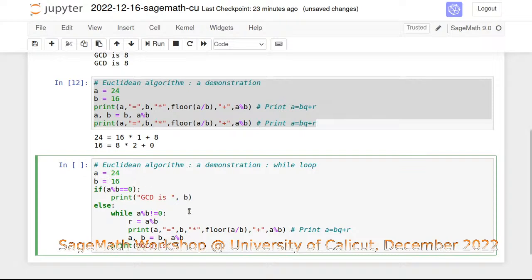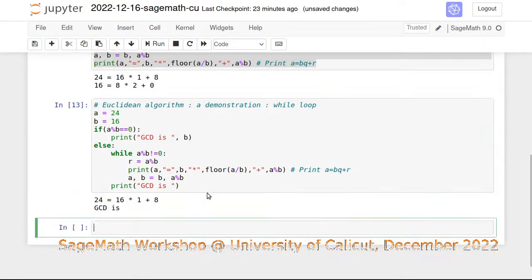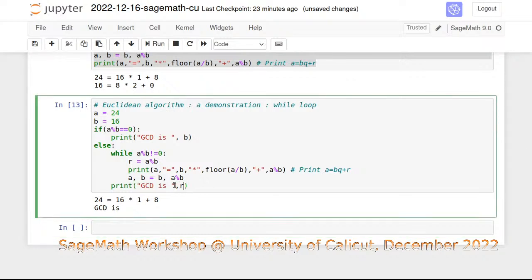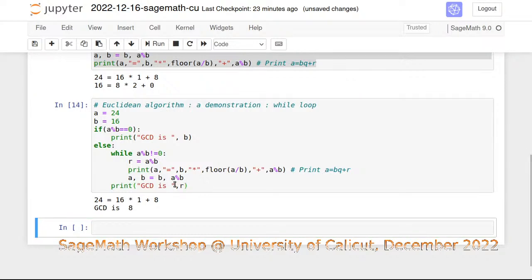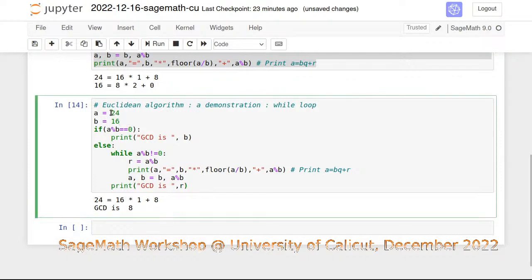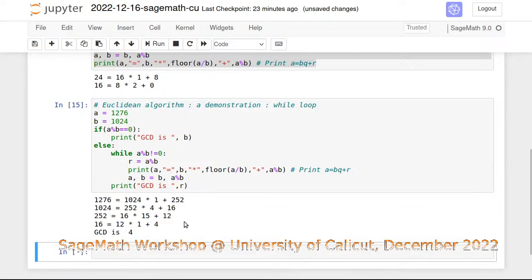Okay, let us see this in action. Oh, sorry, this R is not appearing here. So we can try with any number here, 276, 1024. So all the steps are here.